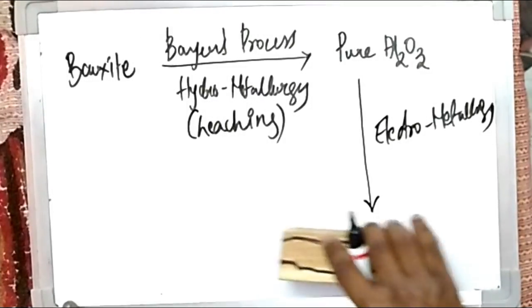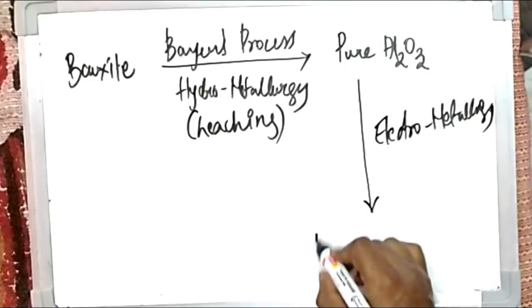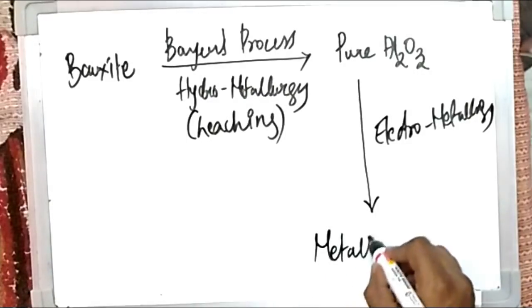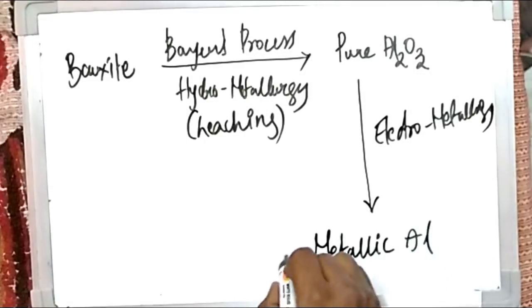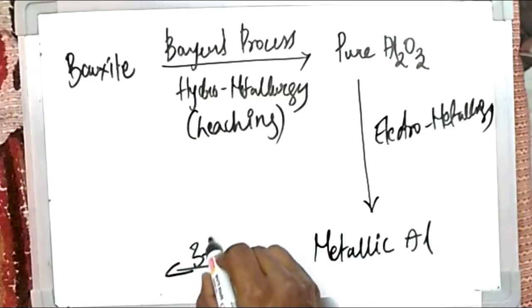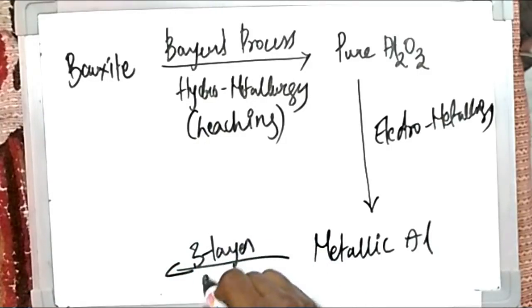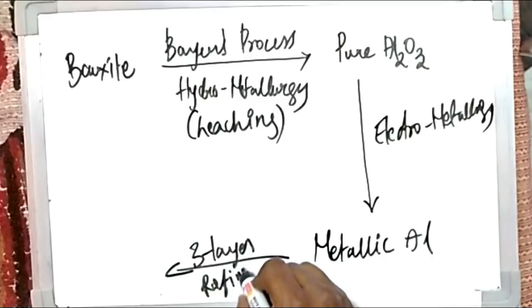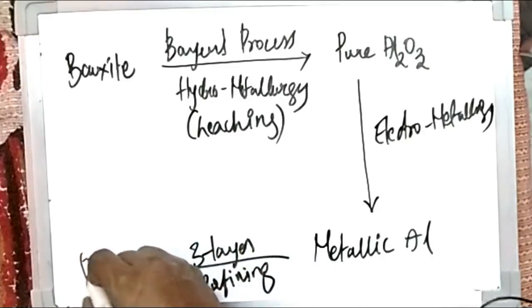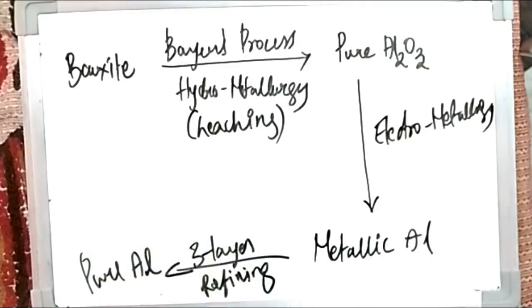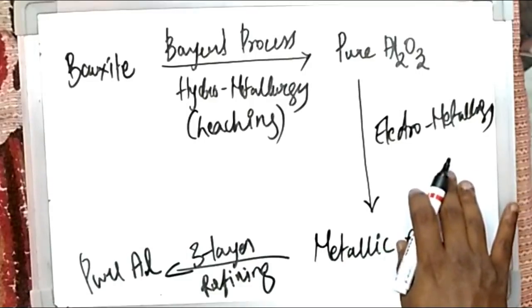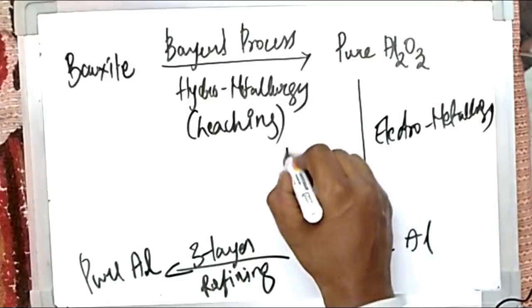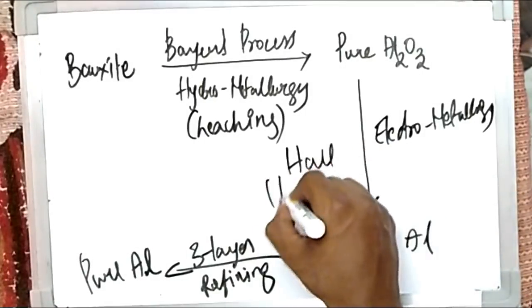We will get metallic aluminum, which again undergoes a three-layer refining process. Then you will get pure aluminum. I forgot the name of this. The electrometallurgical process that is used is known as the Hall-Héroult process.